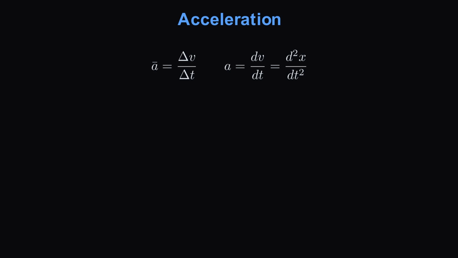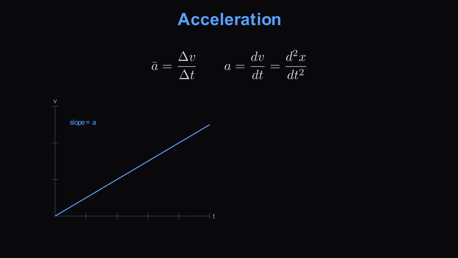Instantaneous acceleration is the limit of this ratio as delta t approaches 0, the derivative of velocity with respect to time. a equals dv over dt.